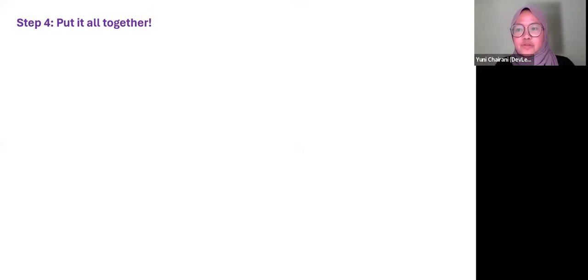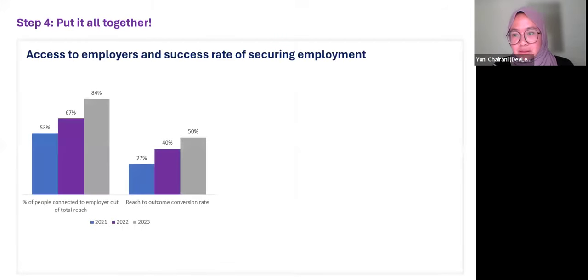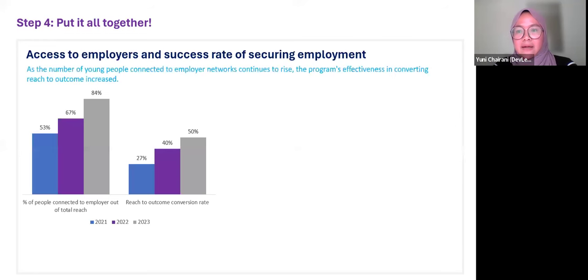The last part is how to put it all together. Imagine this is your slide. We put the graph here using the styling, color, and everything. I'm writing the main message after the title.